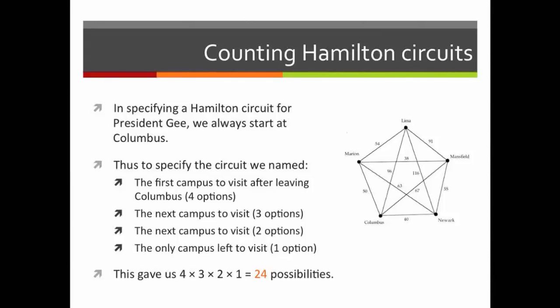No matter what you choose, there will then be three options, and you're free to choose any one of those. And then, no matter what you've done, there will be two options. So you can freely choose these, and that means that there will be 4 times 3 times 2 times 1. That is to say, 24 possibilities.